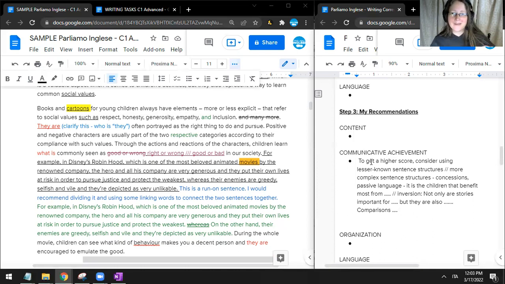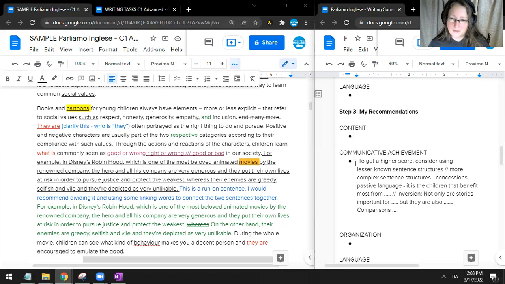In IELTS, on the other hand, do not take any risks. So we do want to take risks on the C1 Advanced and the B2 First exam, no risks on the IELTS exam, okay? So in this case, using a variety of those different structures to show that you're really capable of writing with flexibility and playing around with language is going to really boost your score.